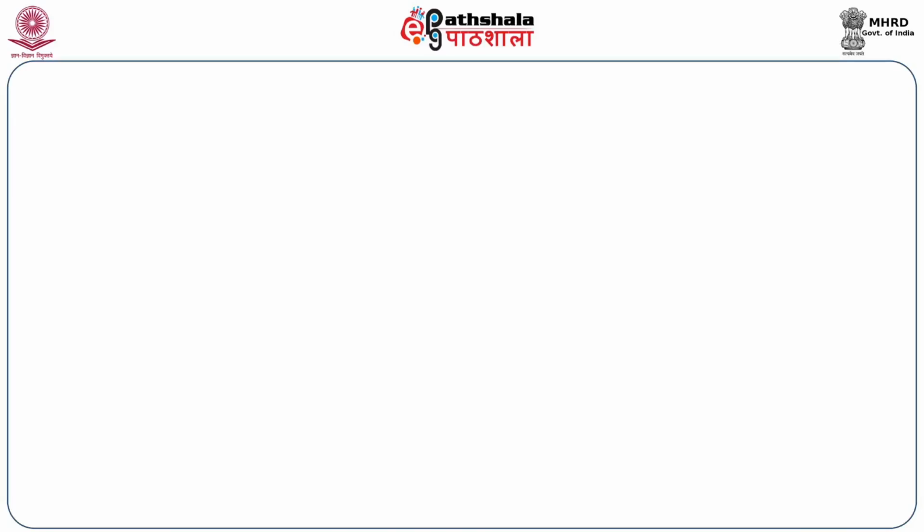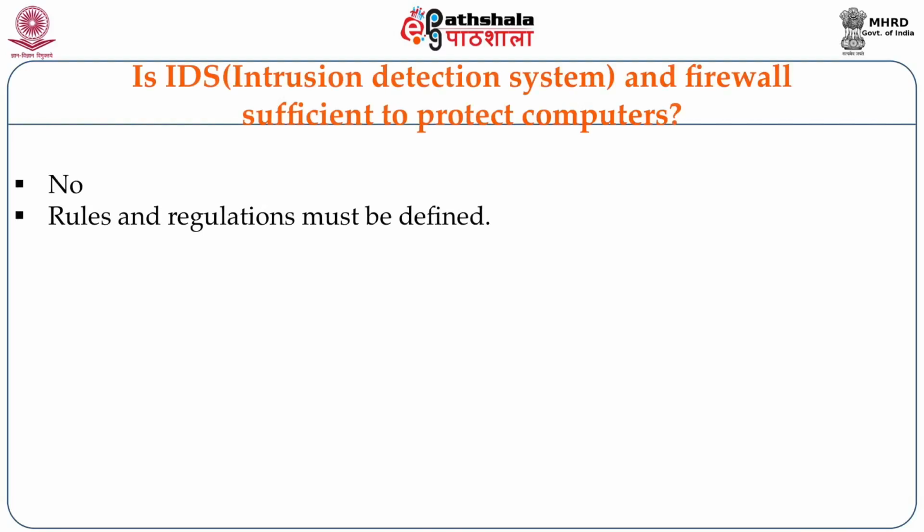A security plan identifies and organizes the security activities for a computing system. You all know a computer is secured either by an IDS, intrusion detection system, or by a firewall or any other mechanism.